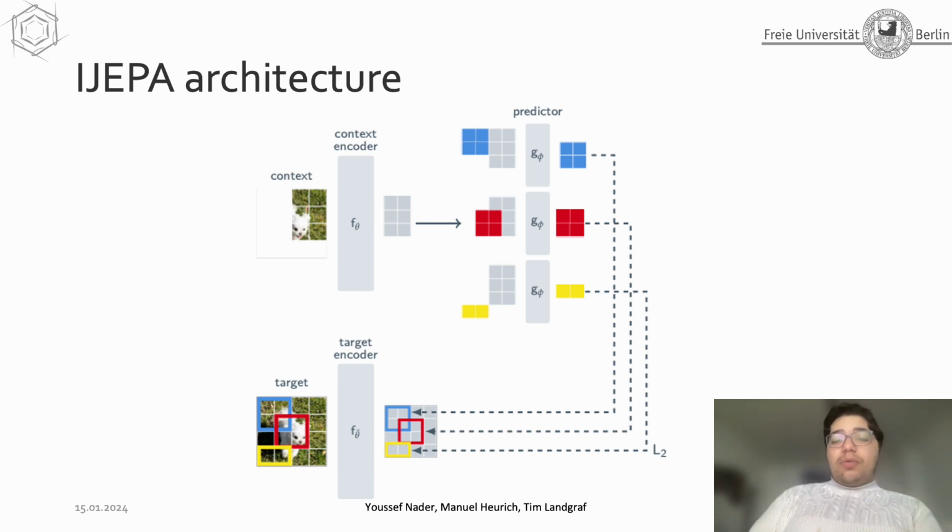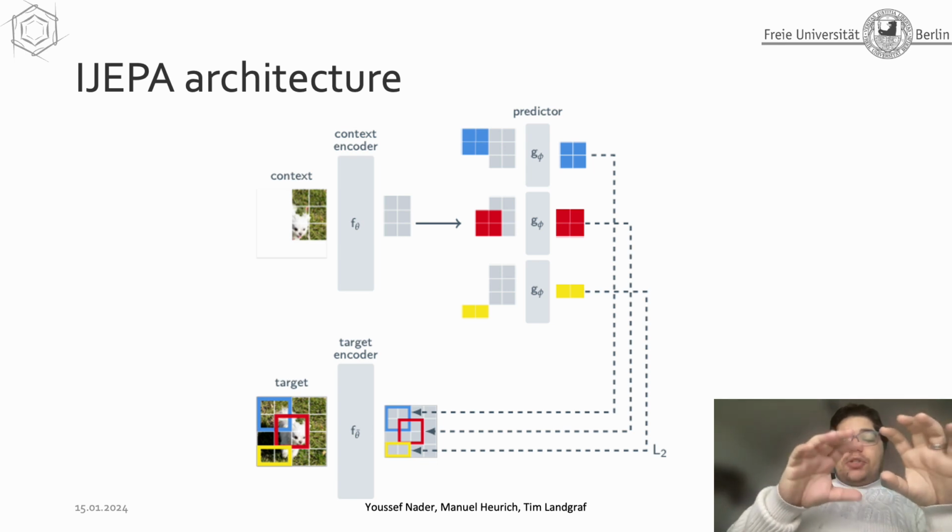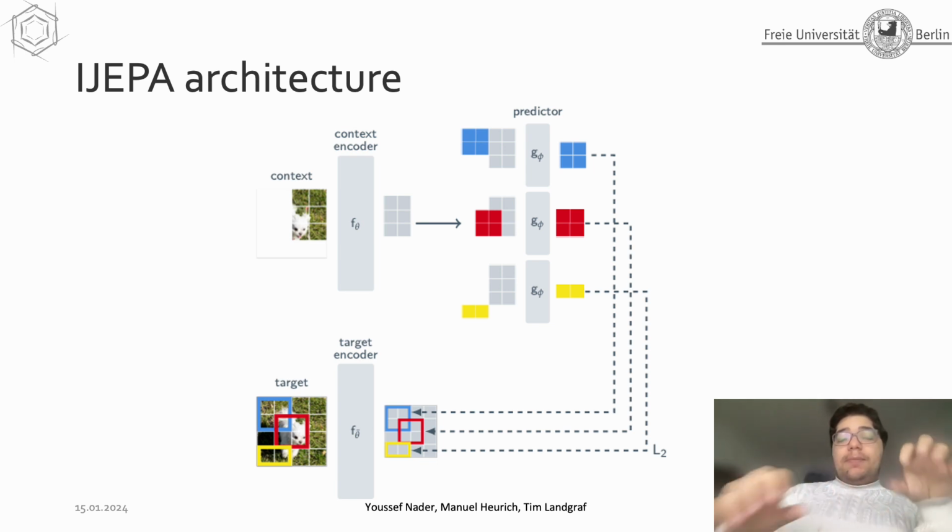We're working with vision transformers, so we have non-overlapping patches of the images, and the context is just going to get a certain set of these patches. Not all of the patches, we sample a set of them, and it's going to produce representations for each patch, trying to encode what information is included inside that patch.